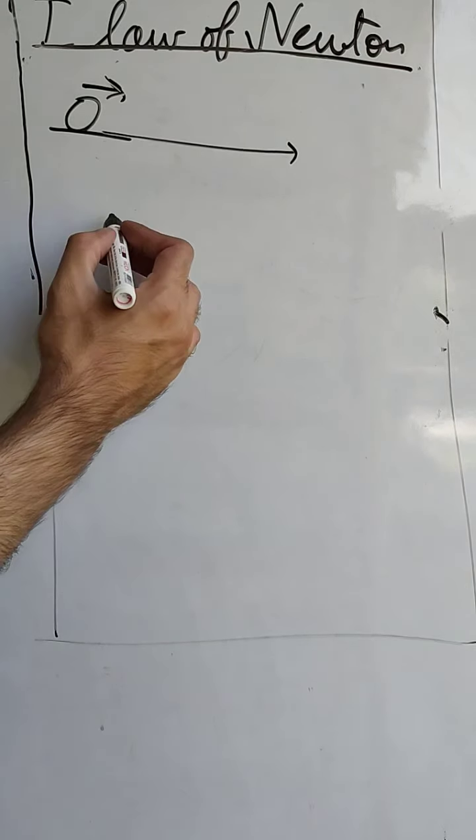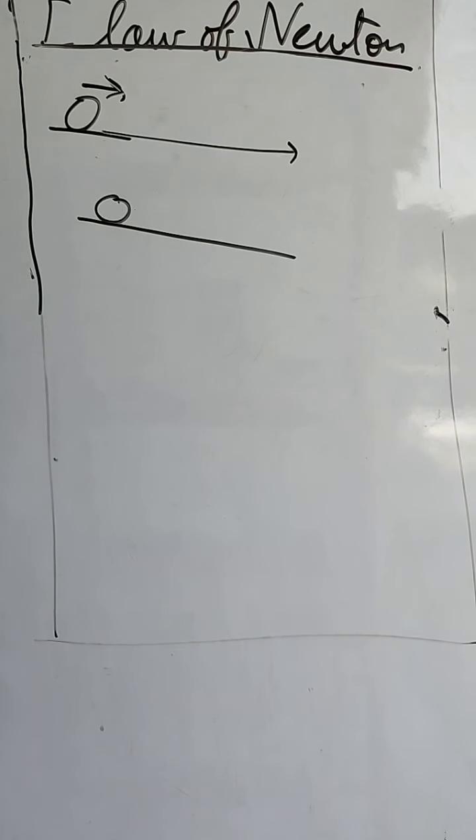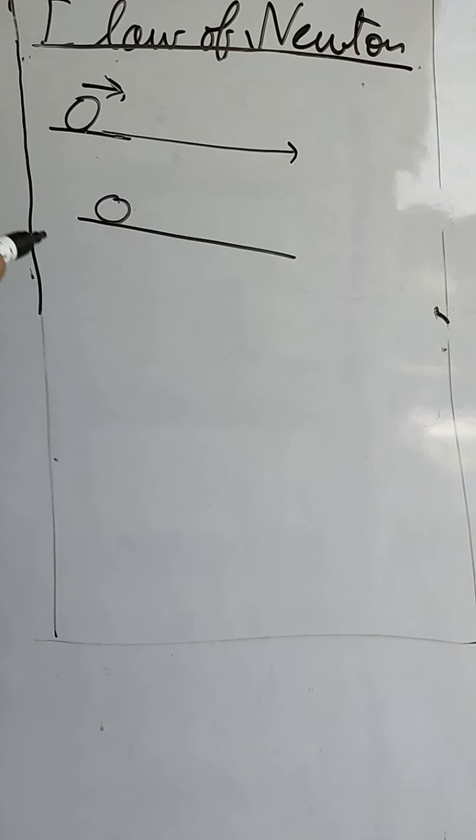Similarly, if this ball is at rest and there is no external force, then how will this body move? It will not move, it will stay at rest for an infinite amount of time. What are the external forces here? If this body is moving, what external forces are there on it?